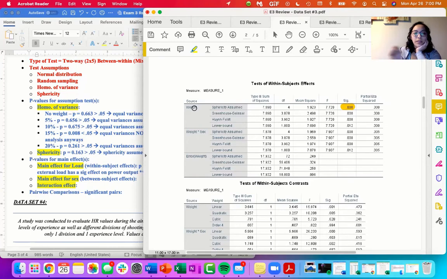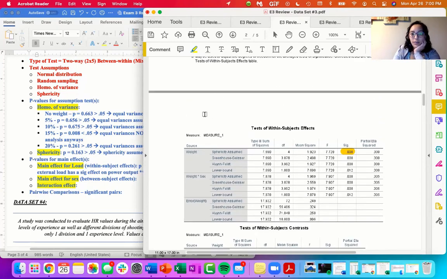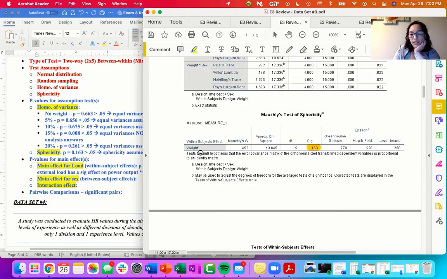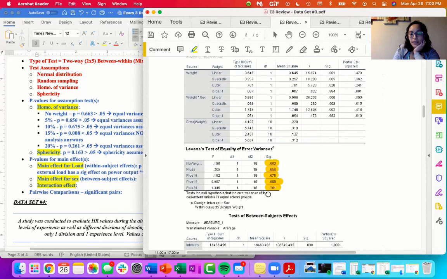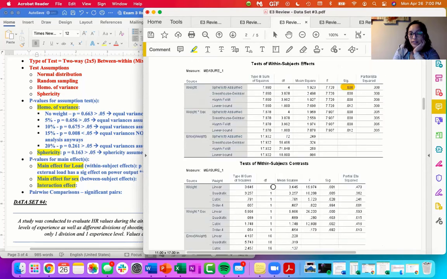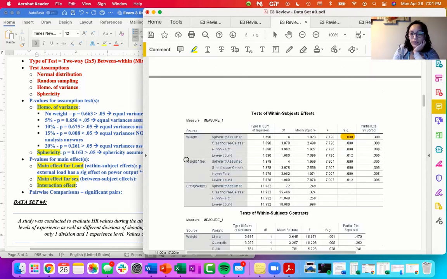But the between within is a very special case where sometimes SPSS will list an interaction under sphericity, sometimes it doesn't. But if you meet the assumption for sphericity and for Levene's test, we can fairly assume that the interaction effect would also have assumed sphericity. So in this case, we would say our interaction effect is also p less than 0.001.